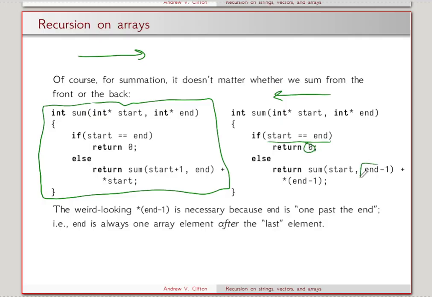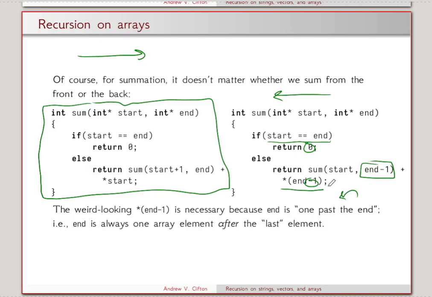But we're going to modify end. We're going to do end minus 1 plus star end minus 1 here. The minus 1 is necessary because remember, end is always 1 past the thing we want. So when we're looking at a particular endpoint, the element of the array that we're interested in is actually 1 before that.